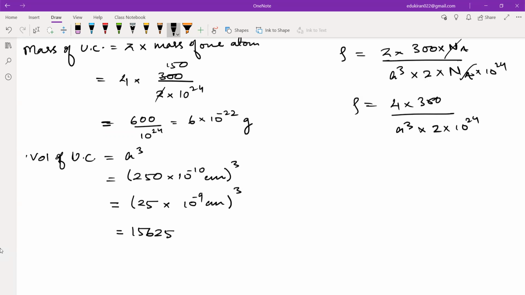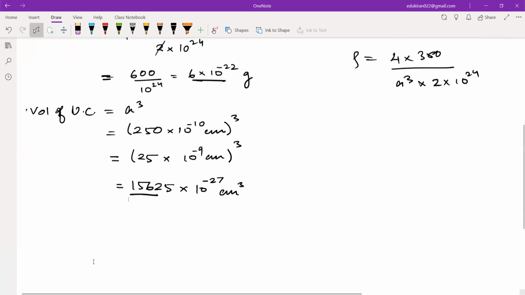15625 into 10 to the power minus 9 cubed, which is 10 to the power minus 27 centimeter cube. Is that right? Yes, sir. Any problem till here? No problem. So we have got the mass and the volume. Just need to divide these, so we have got density.